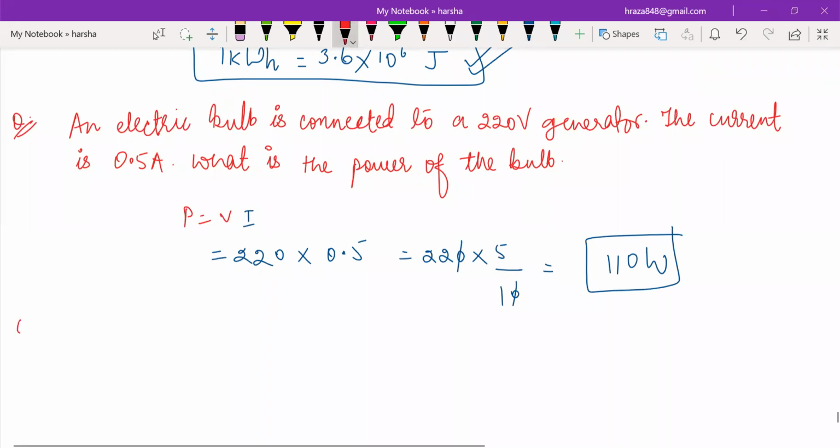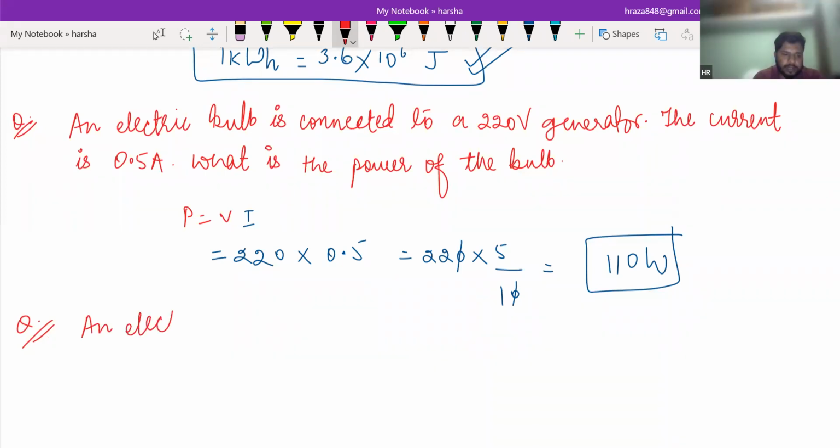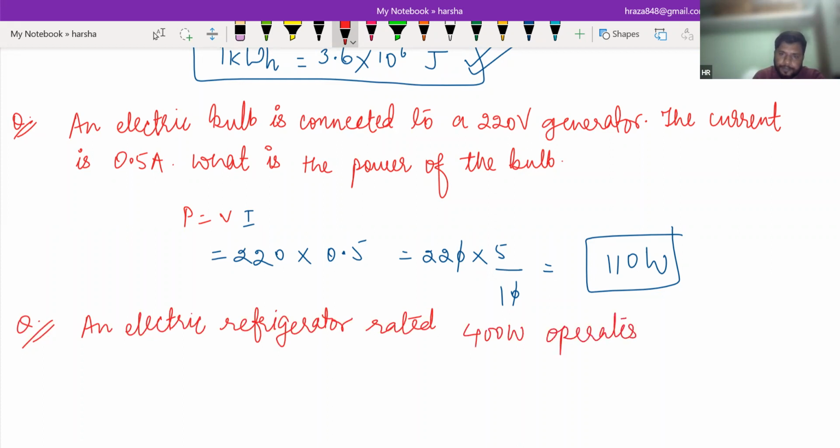Yes, sir. Okay. So another question I'm going to introduce: an electric refrigerator rated 400 watt operates 8 hours per day.